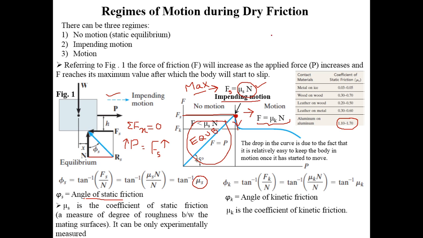And there is a concept behind this formulation. Assume that you have a body here which is in contact with a rough surface. The weight of this object is given, the normal force acts in the upward direction, the force of friction in this direction, and the applied force in this direction.